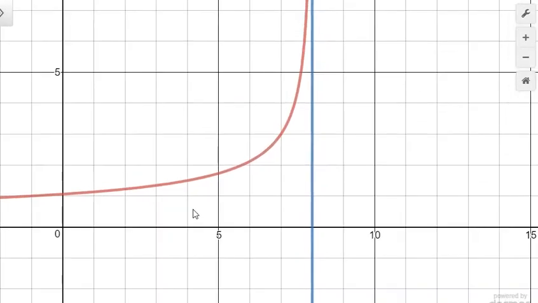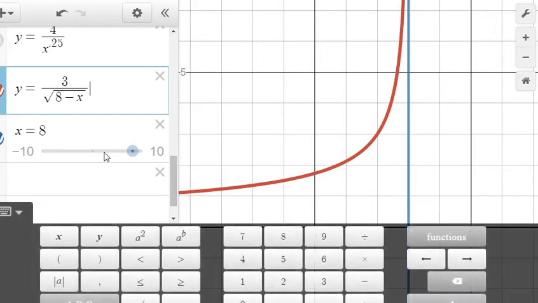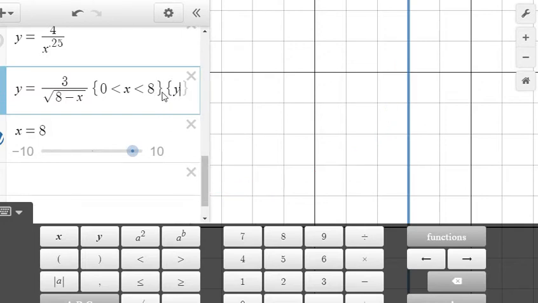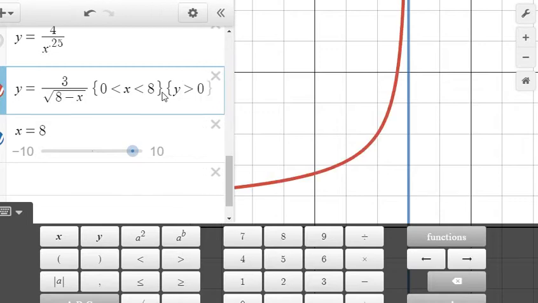It's a good question. Is this getting close enough to the vertical asymptote fast enough so that this area bound between these two curves is finite? Let me see if I can make that area a little bit more clear for us. We wanted the area between 0 and 8 and above the x-axis, so y greater than 0.